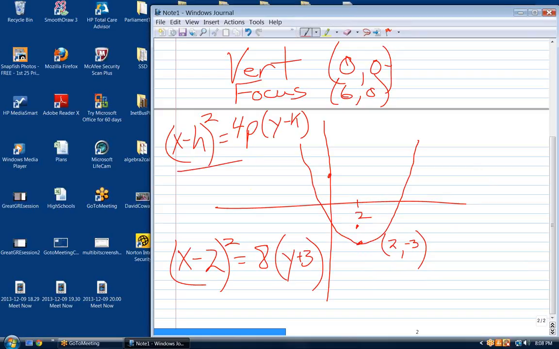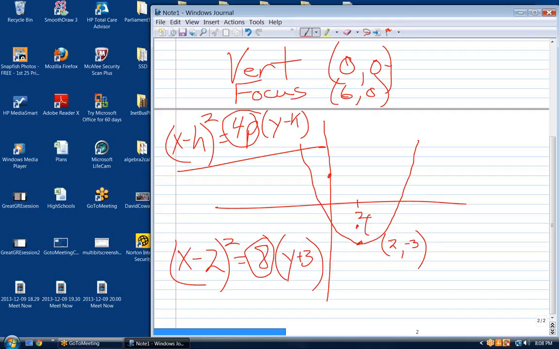If x minus h squared is equal to 4p times y minus k, what is p? Solve for p. In other words, this 4p has to equal this 8. So what does p equal to? 2. Yeah. And what that means is that the focus is 2 units above the vertex.